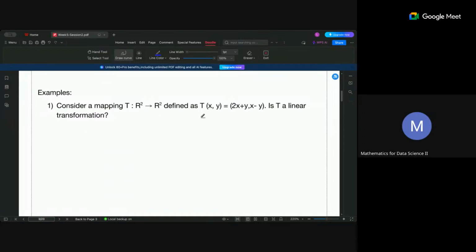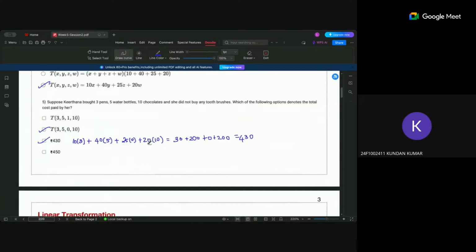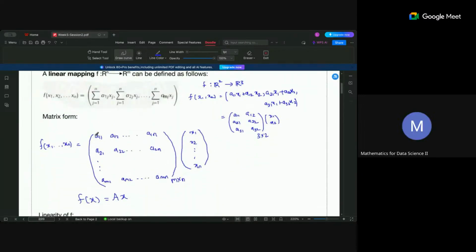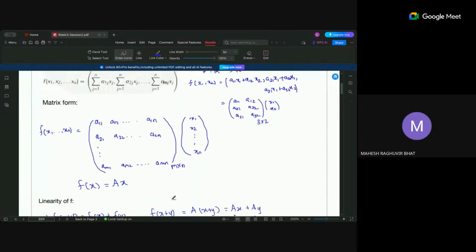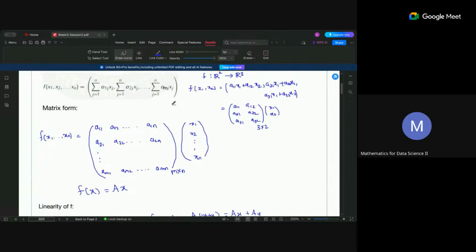So you know how we can write it in terms of a matrix. You already know that. What is your A? Can you tell what the columns of the matrix are? The first column is the coefficients of the first variable x1: A11, A21, and so on. The second variable's coefficients form the second column.